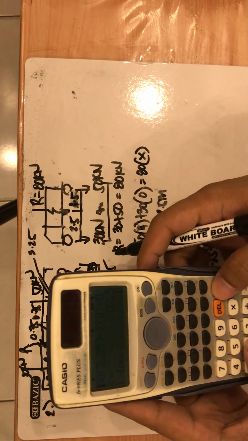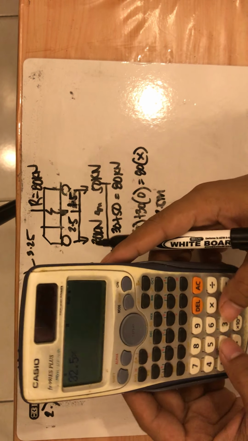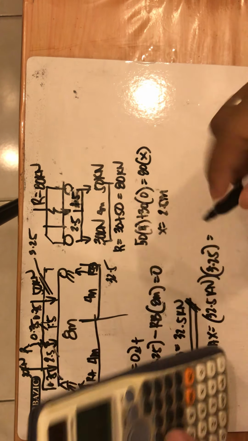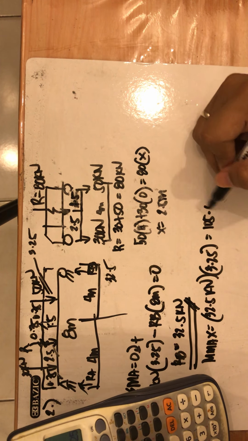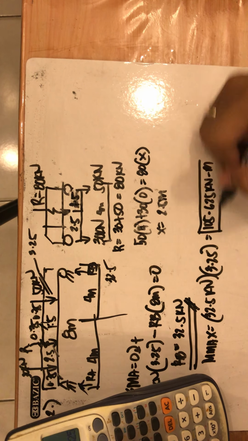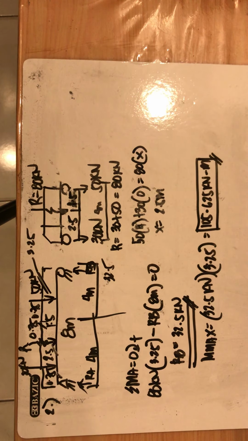So, what is our maximum moment? 32.5 times 3.25. So, our maximum moment is 105.625 kilonewton-meters. So this is our maximum moment. It's that easy. Then next, shear.